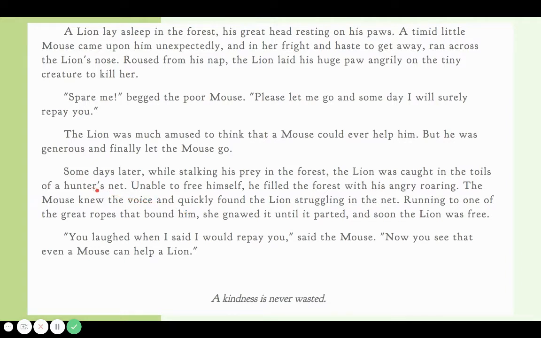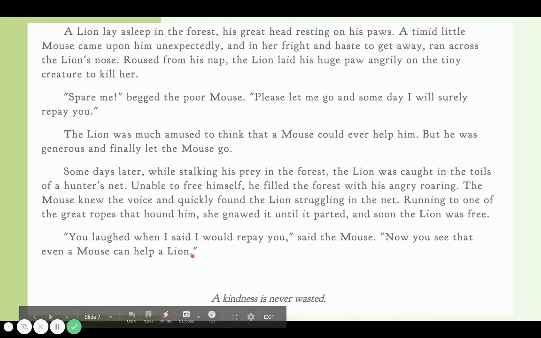So he was caught in a net. Unable to free himself, he filled the forest with his angry roaring. The mouse knew the voice and quickly found the lion struggling in the net. Running to one of the great ropes that bound him, she gnawed until it parted, and soon the lion was free. "You laughed when I said I would repay you," said the mouse. "Now you see that even a mouse can help a lion."